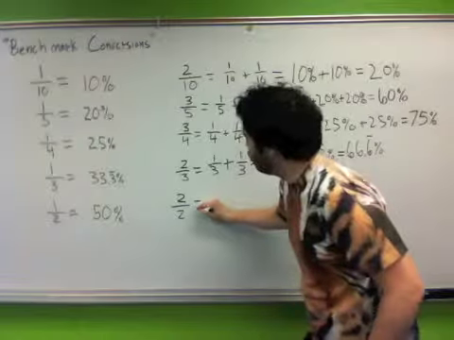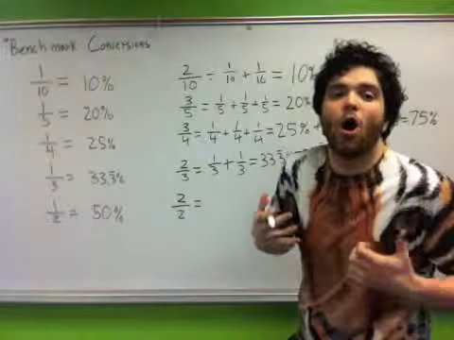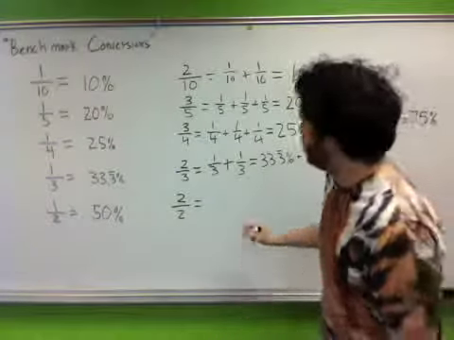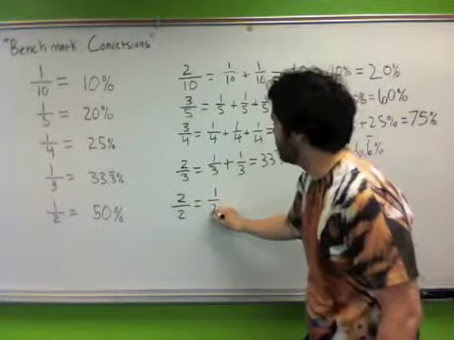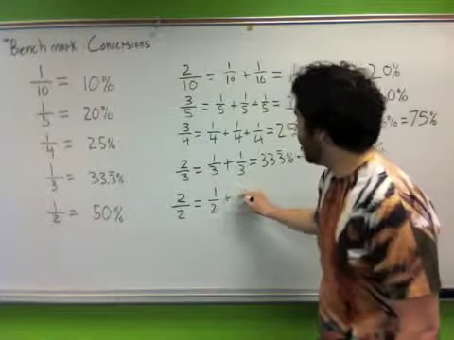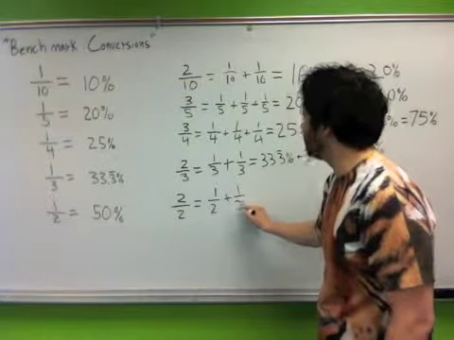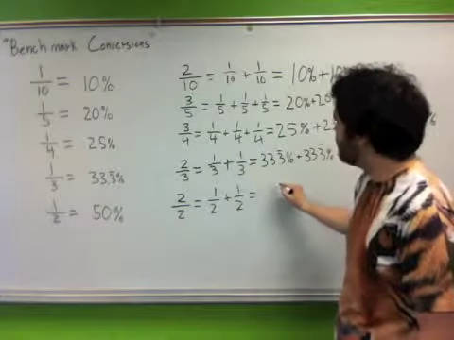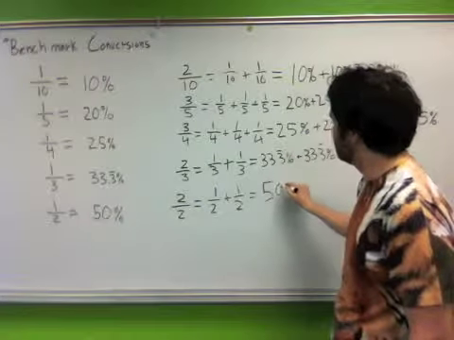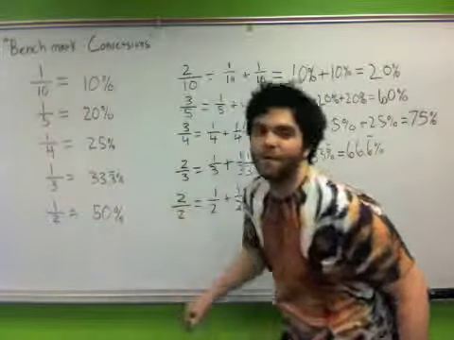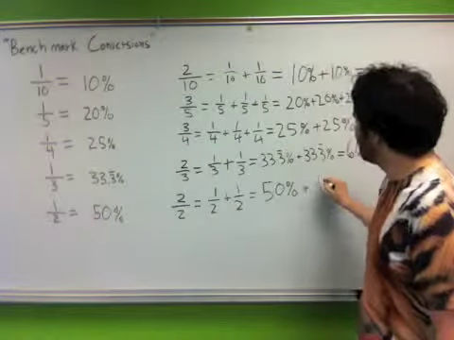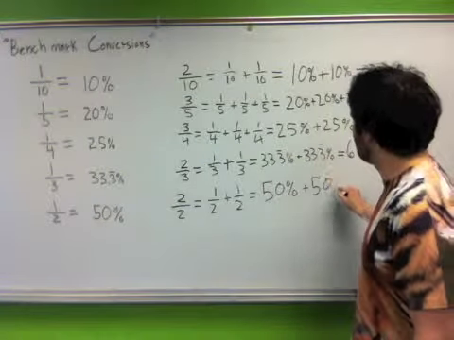It is going to make a whole lot of sense. We always say percents are out of 100, right? Well, 2 halves, I've got my 1/2 right here, and I've got my other half right here, so 1/2 plus 1/2. One of these halves is equal to 50%, plus 50%.